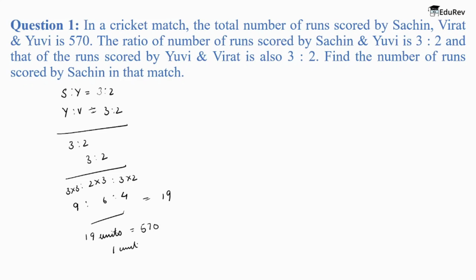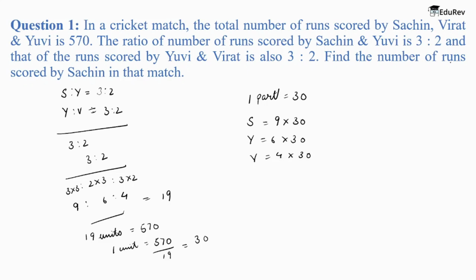1 unit is equal to 570 divided by 19, which is equal to 30. So 1 part is equal to 30. So the score of Sachin is equal to 9 into 30, that of Yuvi is 6 into 30 and of Virat is 4 into 30.